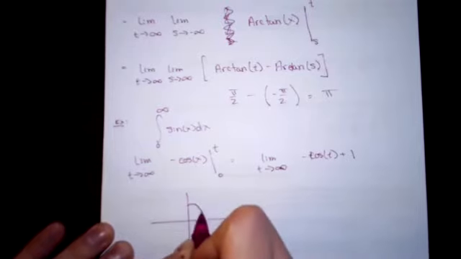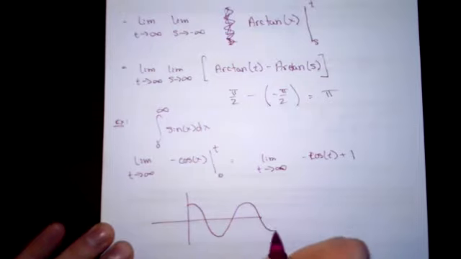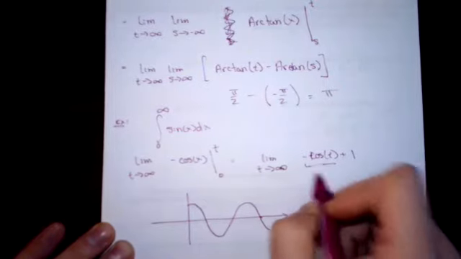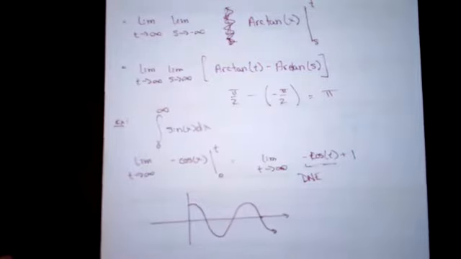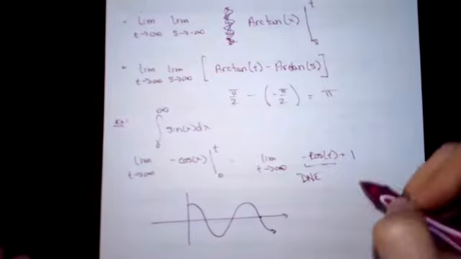So, of course, our cosine starts here and then goes down, goes up, goes down and up. And what's going to happen at infinity? That limit does not exist. It's bounded. It doesn't go off to infinity. Cosine is just going to keep oscillating and oscillating.